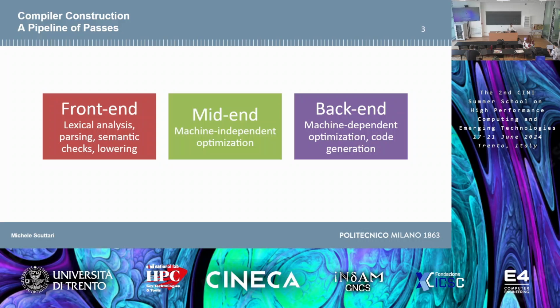At some point, you might want also Fortran. At some point, you may also want ARM or RISC-V or whatever else. And here also in the source side, the number of potential languages that you might want to translate is very high.